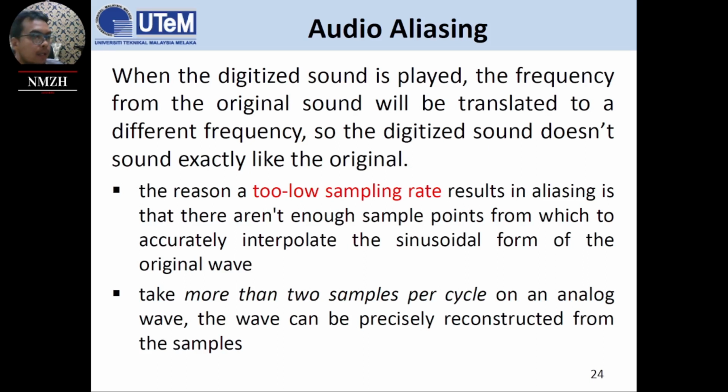That is the reason the original sound is not generated, which is audio aliasing. If we take more than 2 samples per cycle of an analog wave, then the wave can be precisely reconstructed from the samples. That is a simple hint.